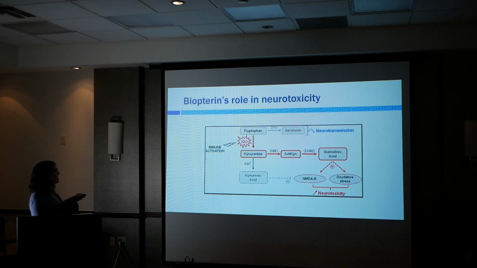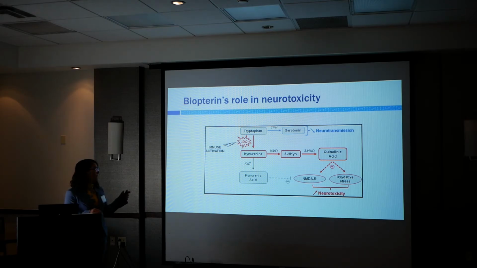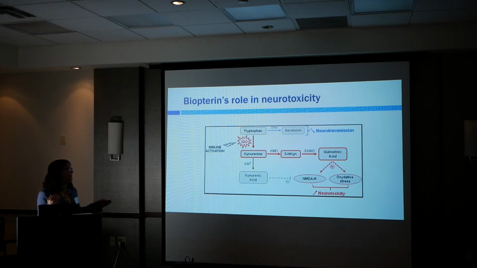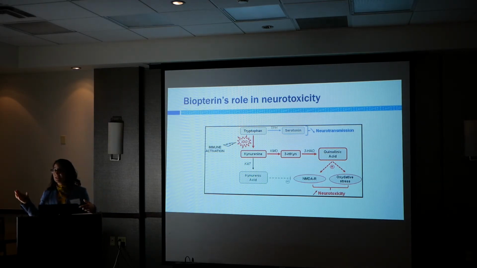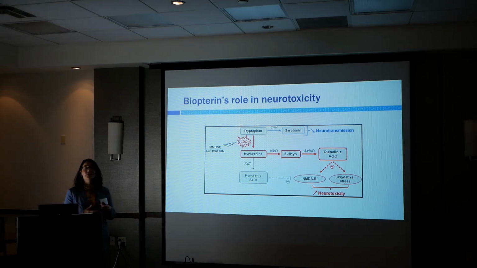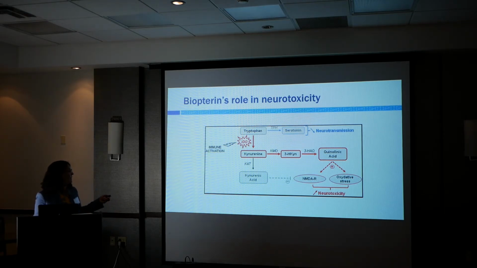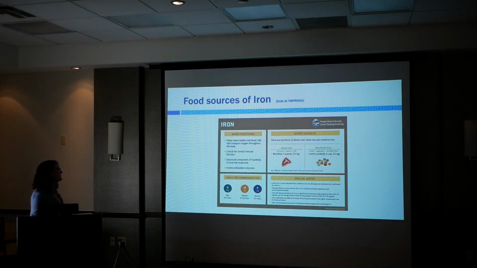And kynurenine and quinolinic acid are two important acids to look at in terms of neuroinflammation. When the relationship between quinolinic acid and kynurenic acid is off, or we have an elevated level of quinolinic acid, we're going to have more excitotoxicity in the brain and more oxidative stress, and a shift in our NMDA receptors, which can result in all sorts of neurological pathologies and presentations.